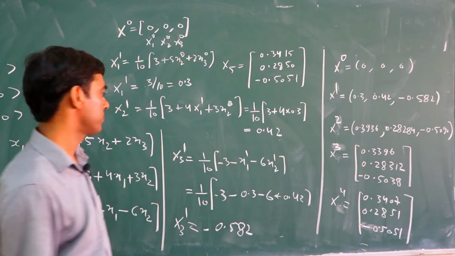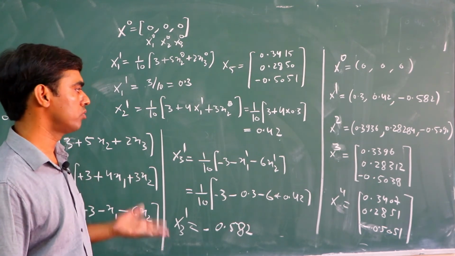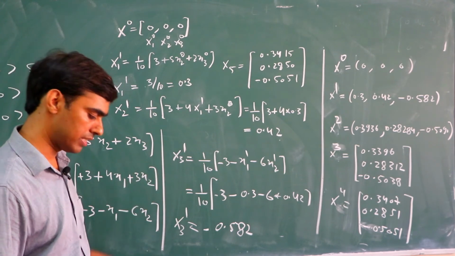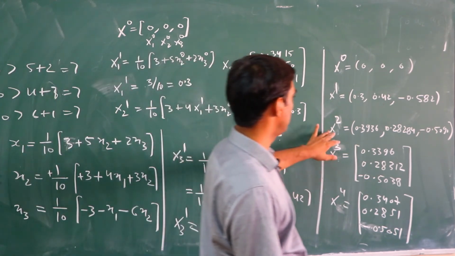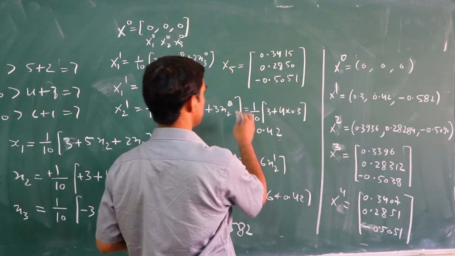and replace k by 1, 2, 3 in the iterative scheme. Then we find x^(2), x^(3), x^(4) and x^(5). These are the values.